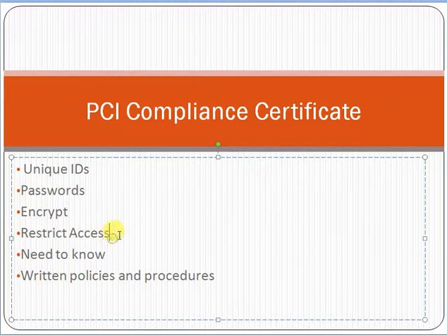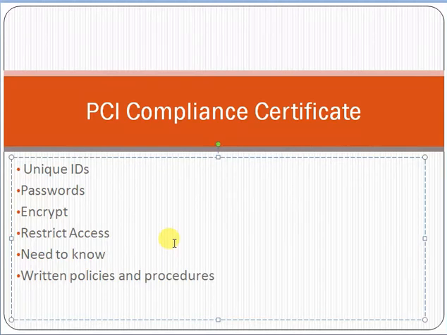Then restricted access: any person who is interacting with the banking information system, or any information system that accesses the card brands' information, should have restricted access. It should not give access to everything. Then the need to know basis: every person should have only the information which is required.